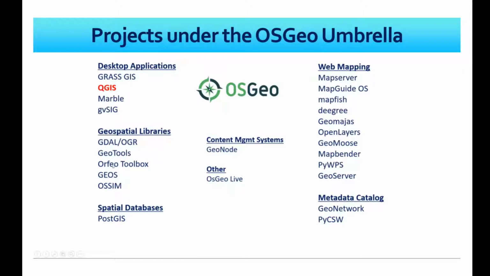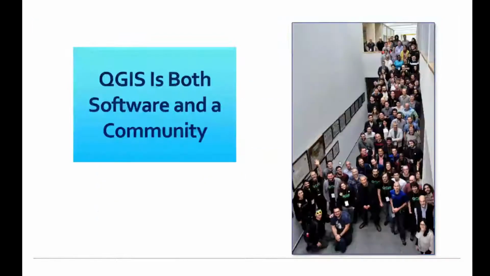We'll talk a little bit about these. A lot of these are built into QGIS. There are spatial databases. There are content management systems for serving data. There are web mapping projects for making interactive maps, thinking of like Google Maps, and metadata, data about data. There's projects related just to metadata. So there's a lot of open source geospatial software out there.